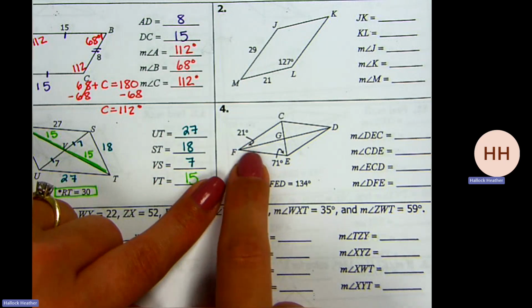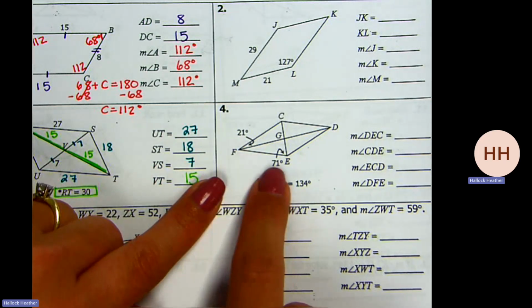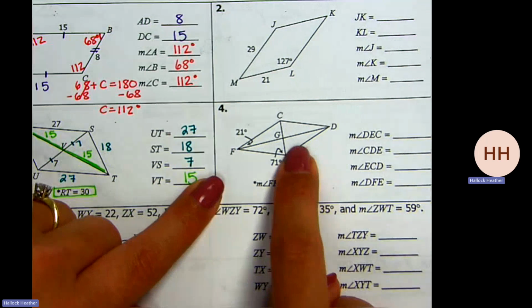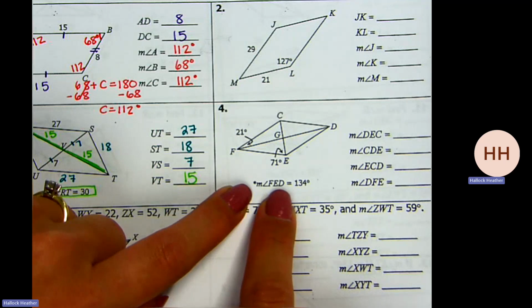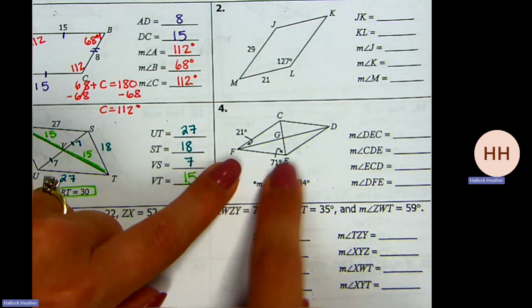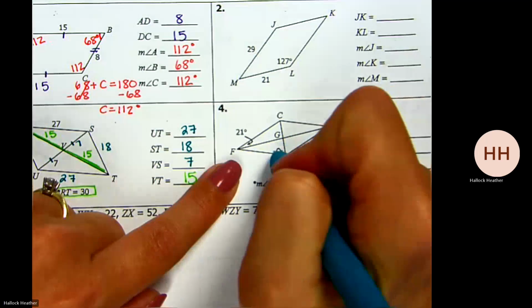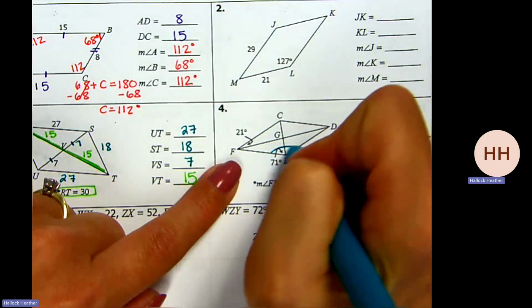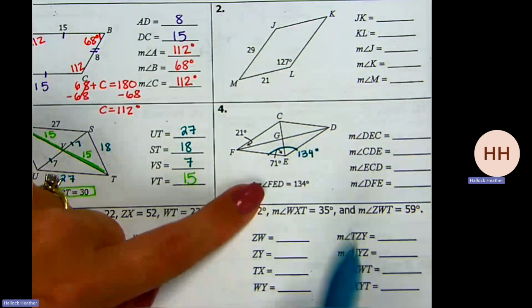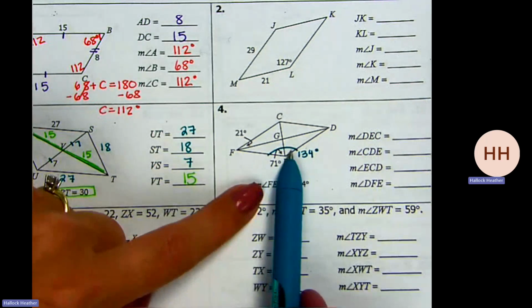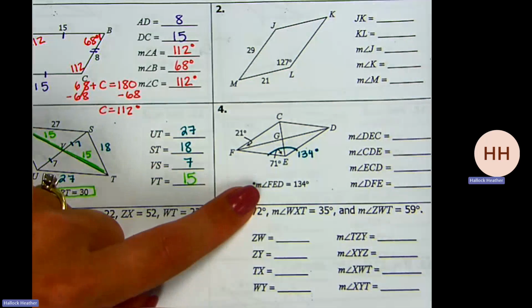So if this is 21, that is not 21. This is 71. This side is not 71. So I have a piece of information. It says the measure of FED, the whole angle F to E to D, this whole thing is 134 degrees. So how could I figure out what the little angle next to 71 is?